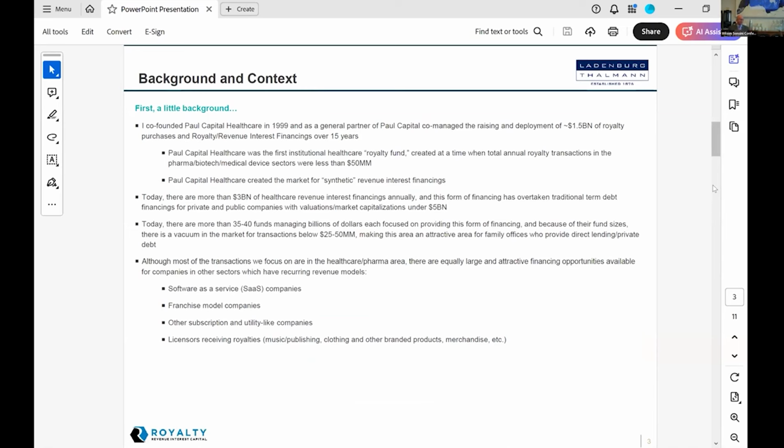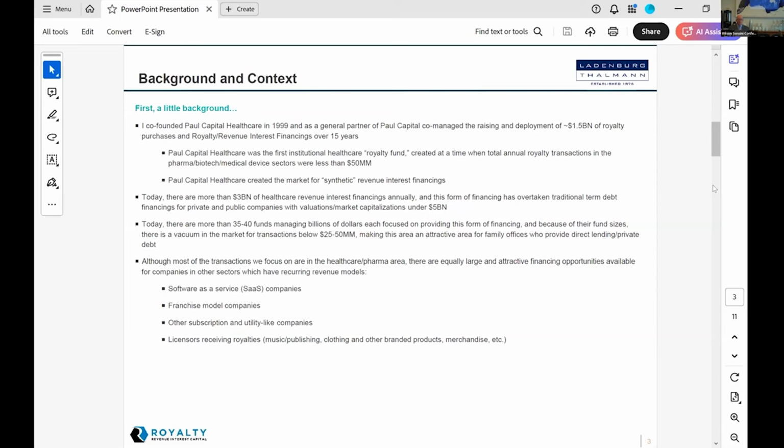Today, $1.5 billion actually doesn't sound like a lot of money, but at the time when we created this fund, we were the first institutional fund providing royalty financing to the pharma, biotech, medical device industry. The total volume of royalty deals across all deals everywhere in the world was about $50 million annually. So at that time, $1.5 billion was a much larger number.